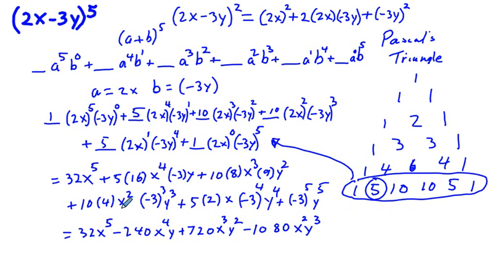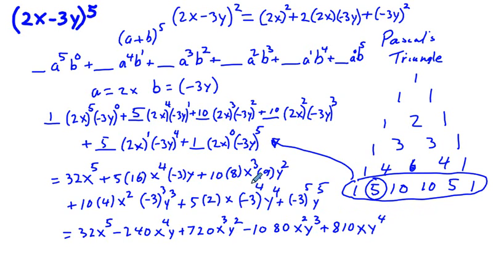and then the next one we're going to have is 5 times 2, which is 10, times negative 3 to the fourth power. Well, negative 3 to the fourth power is going to be 81. So I have 81 times 10, which is 810. So I put plus 810 x y to the fourth power.